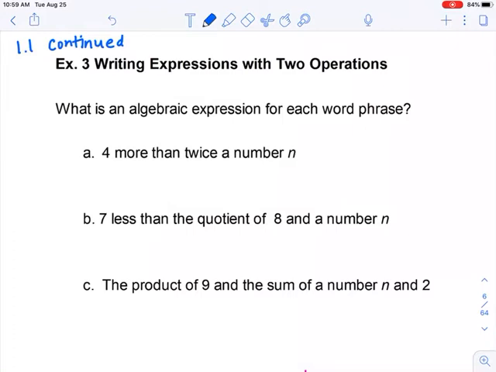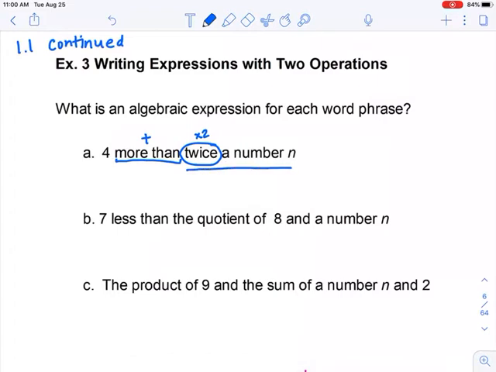So part A, we have 4 more than twice a number n. When we look through our statement, our words, we want to identify what those words mean. More than tells us that we are going to use addition. Twice tells us that we are going to multiply something by 2. So let's see what we have. 4 more than, or 4 added with, twice a number n.